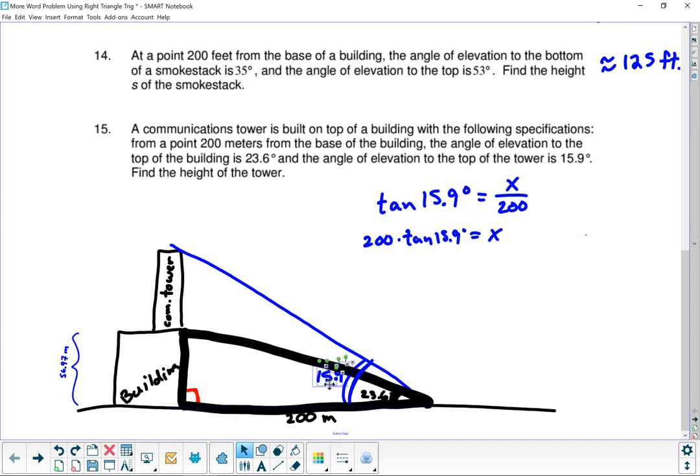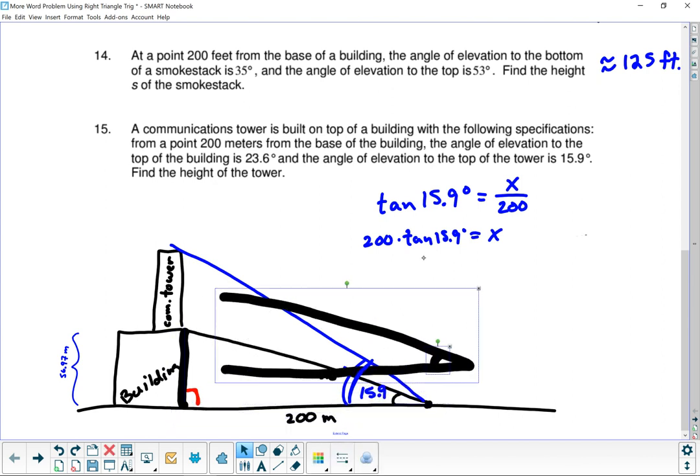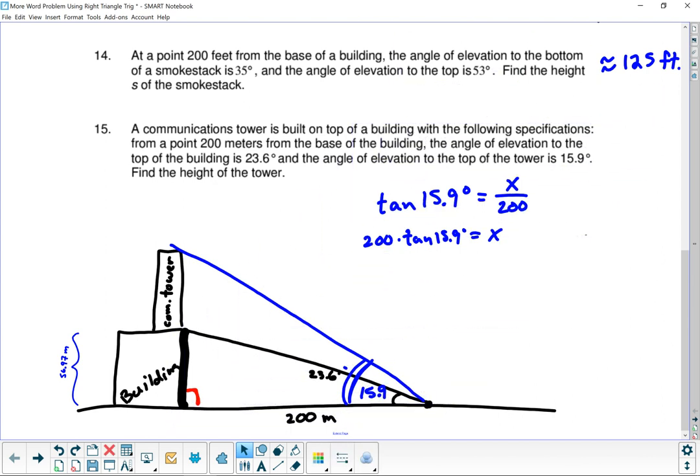That 15.9 should be down there, and 23.6 should be up there, because the angle to the top of the building should not be any bigger than to the top of the tower. Yeah, so I think this is what it is.